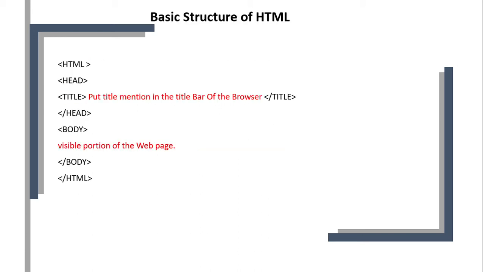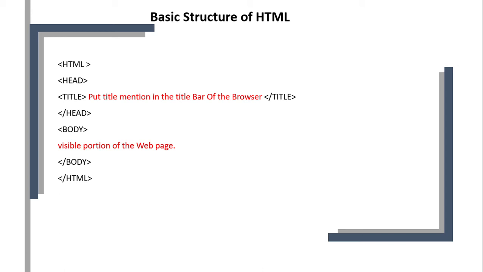Whenever we want to write some code in Notepad or WordPad, we have some structure. What is that structure? Structure means how we have to start our program. The structure has a heading section and a body section. We start with the HTML tag, to start the program. The head section is a very important part.